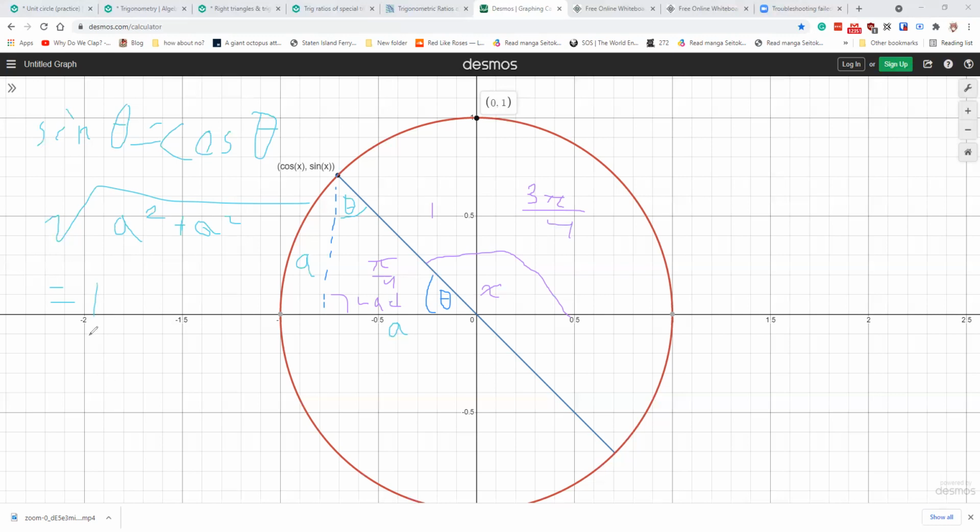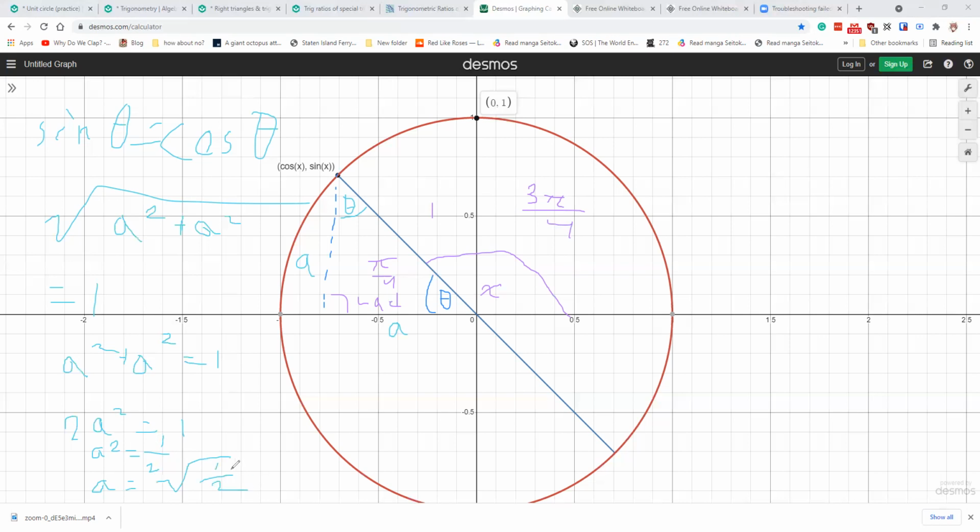And so, if we try to get rid of the square root by squaring both sides, you get a squared plus a squared is equal to 1. So 2a squared is equal to 1. And then you would divide both sides by 2 to get a squared is equal to 1/2. And then we would take the square root of both sides. And so it looks like our answer is a is equal to the square root of 1 over 2.